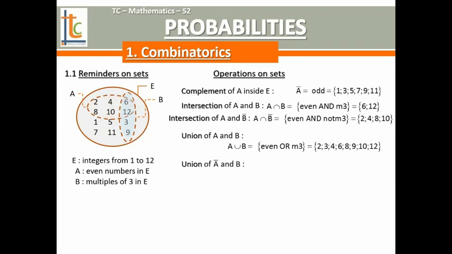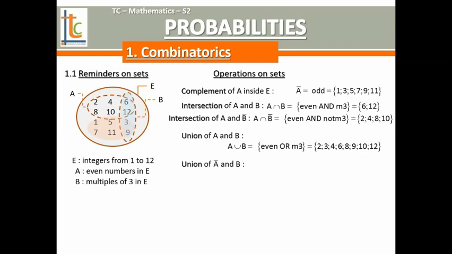Last example here, the union of A bar and B. You want elements that are outside of A or inside B. Those are the elements that are colored here in the scheme on the top left: 1, 7, 5, 11, 9, 3, 12, 6.